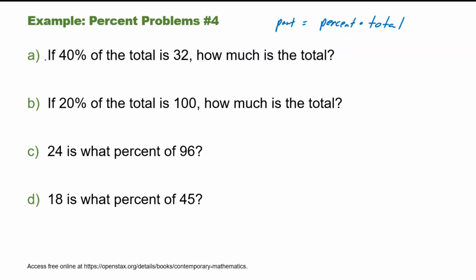We have 40 as the percent. Now, 40 divided by 100 is 0.4. So that percent as a decimal will be 0.4. We know the part is 32, and we know the percentage, and so we need to find the total. So we can write that 32 equals 0.4 times the total.